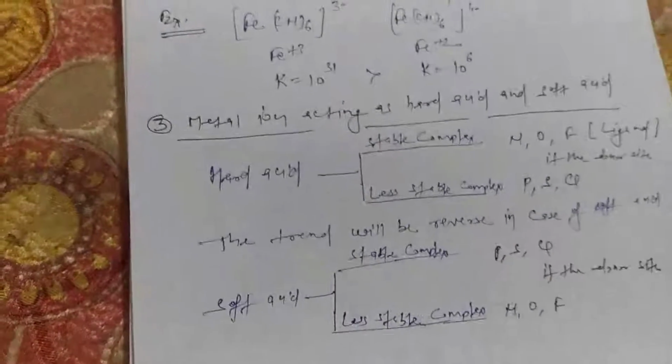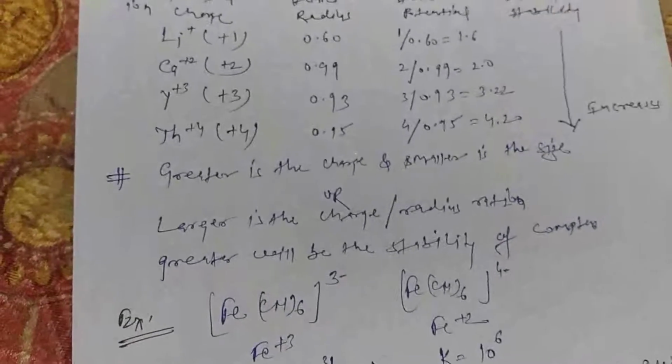So this is the effect of hard and soft acid. Let's move on. I know that the video is quite long, but this is a topic which I have to cover because we are discussing only one type of factors, not all three. So the one type of factor consists of all these things.